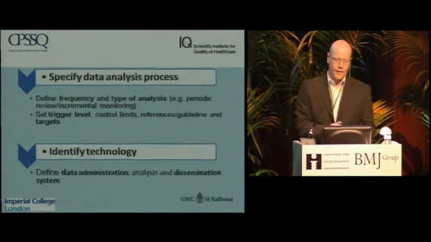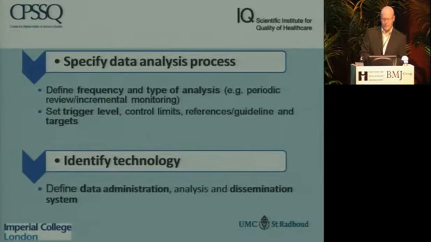So specifically, defining the frequency and the type of analysis that will be performed, for example, periodic review, incremental monitoring, statistical process control, whatever type of analysis one will use, and to consider the trigger levels, the guidelines, the control limits, or the targets.